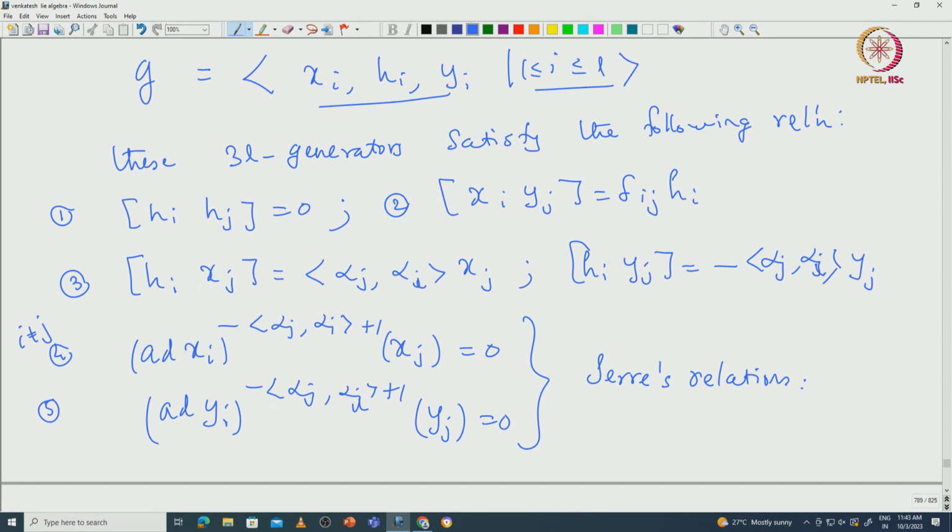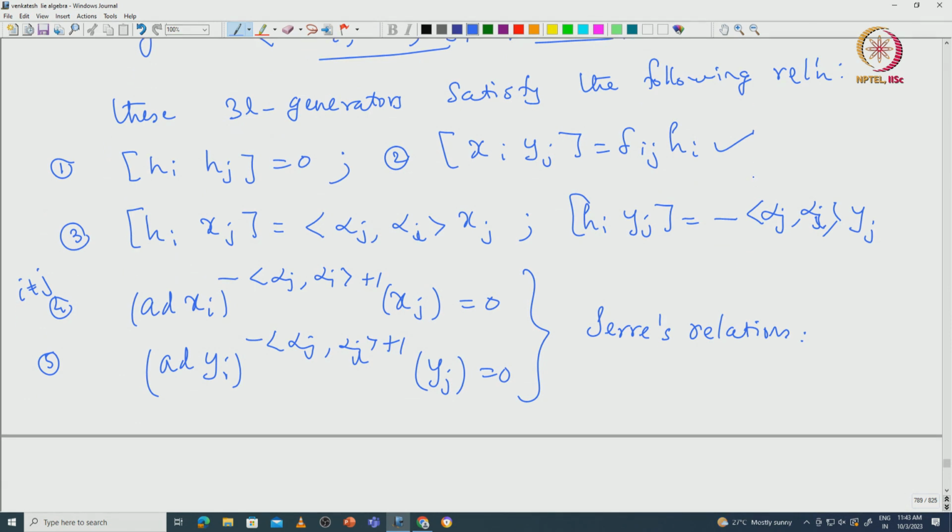You can see that the first two relations are easy to write down without any information about the root system. But the third, fourth and fifth relations involve some information about the set of roots. For example, this Cartan number of alpha j, alpha i is what we need to write down relations 3, 4 and 5.